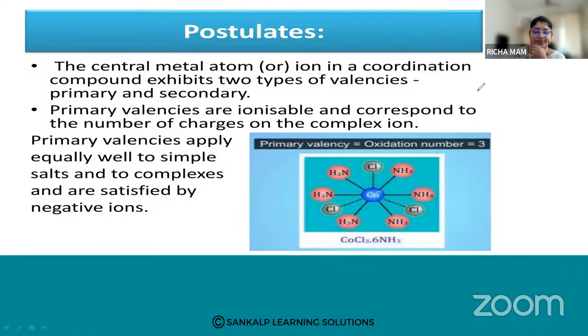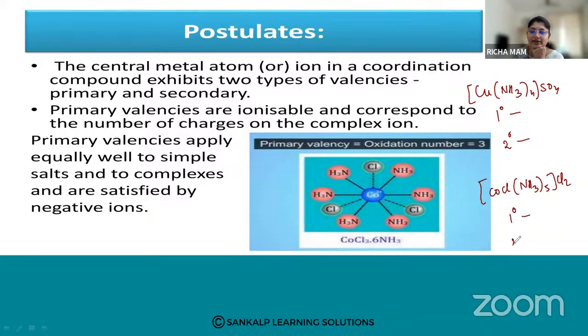Now, one more example: [Cu(NH3)4]SO4. Can you tell me the primary valency and the secondary valency? One more example: [Co(Cl)(NH3)5]Cl2. Can you tell me the primary and the secondary valency, students?